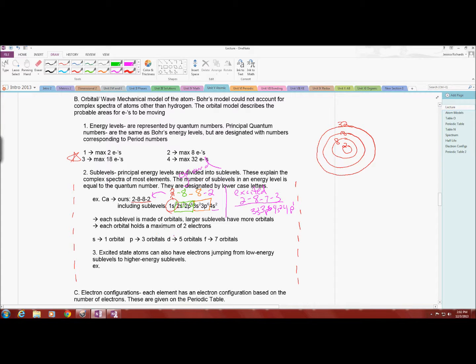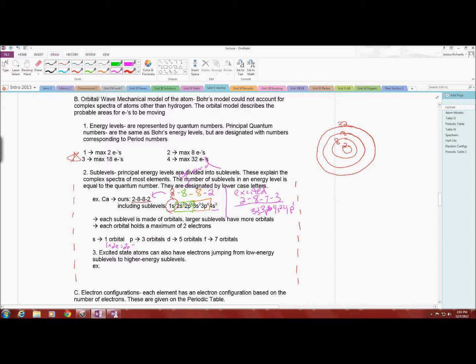So the different sublevels have different amounts of energy. The letters are S, P, D, and F, and they vary in size. So the S sublevel is the smallest, and it only has 1 orbital. Each orbital holds a maximum of 2 electrons, so 1 times 2 electrons gives us a total of 2 electrons.